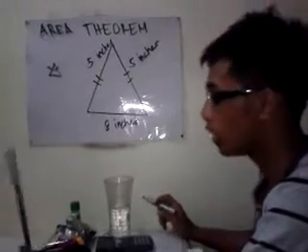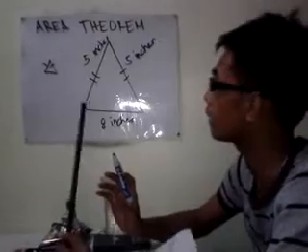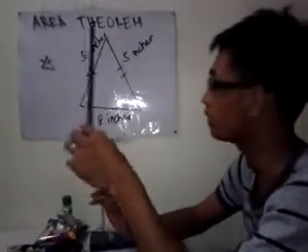Now I'm going to explain how to get the area of this triangle, where the height is not given.